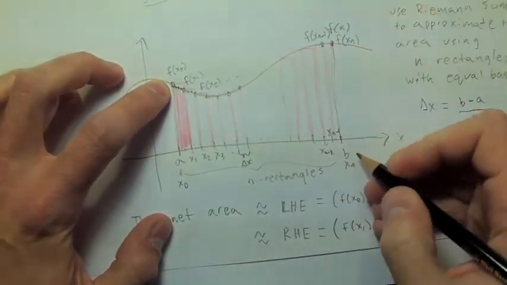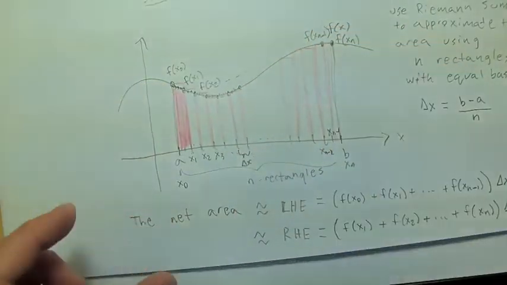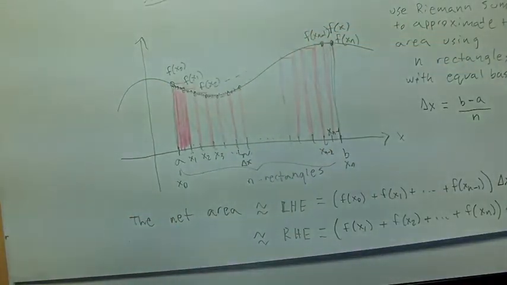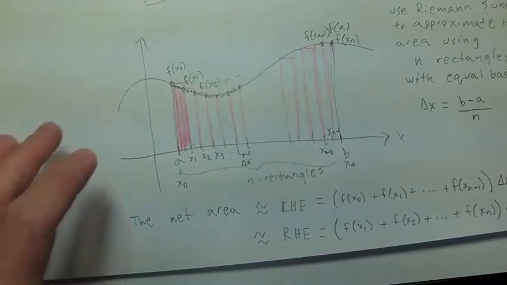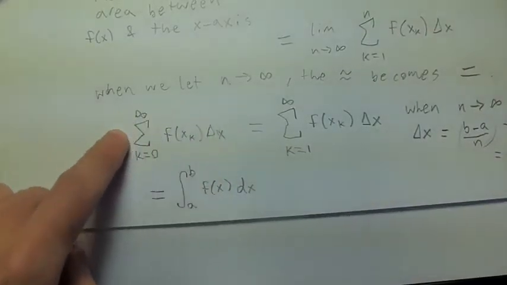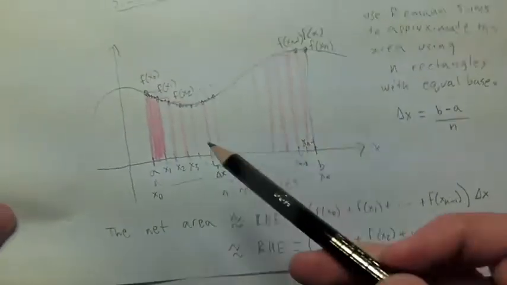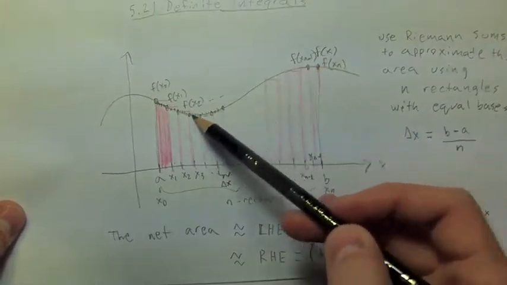Every single one gets added together. And then we multiply them by delta x, but that's shrinking to 0. So what we essentially have here is an infinite thing, right? We're adding together an infinite number of points from here to here. We add them all together.